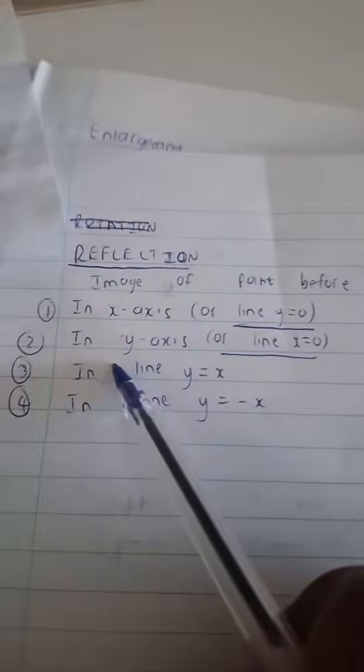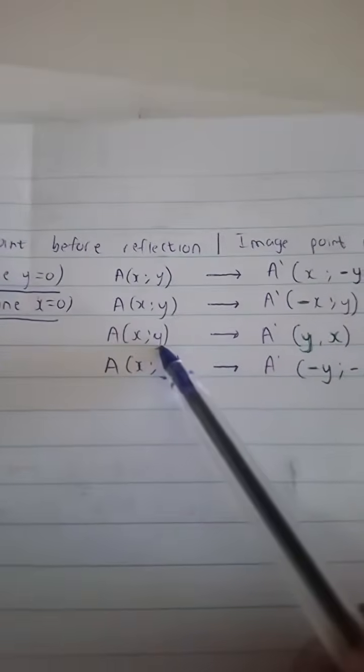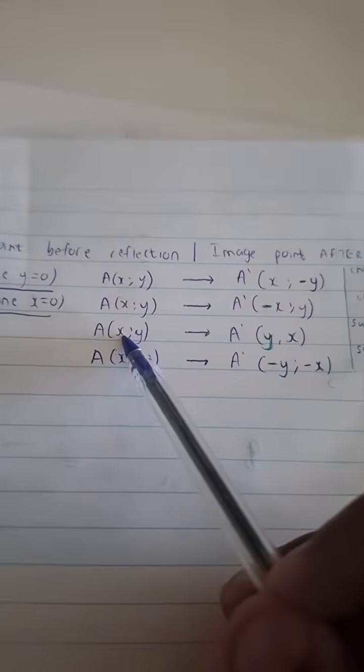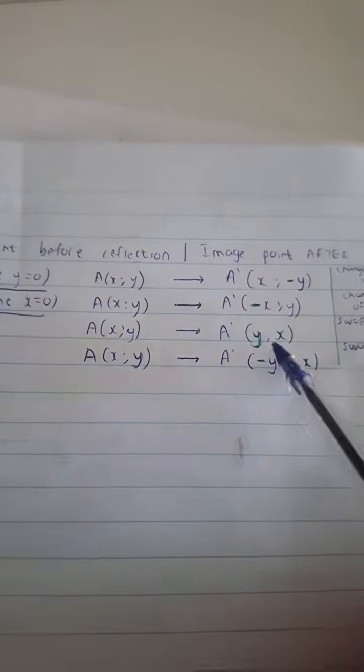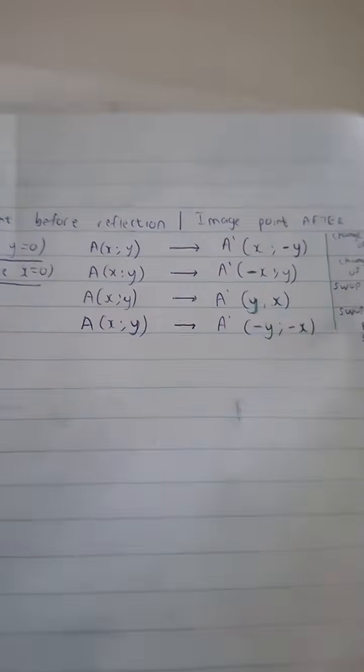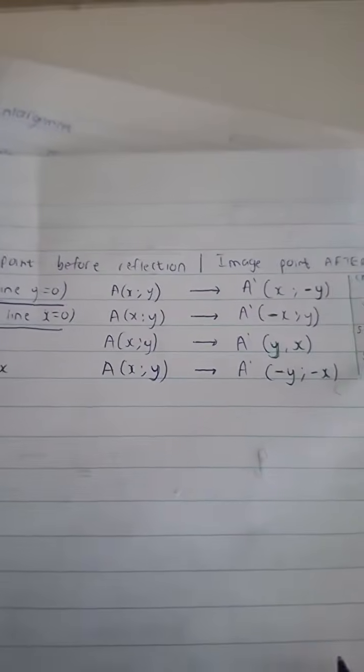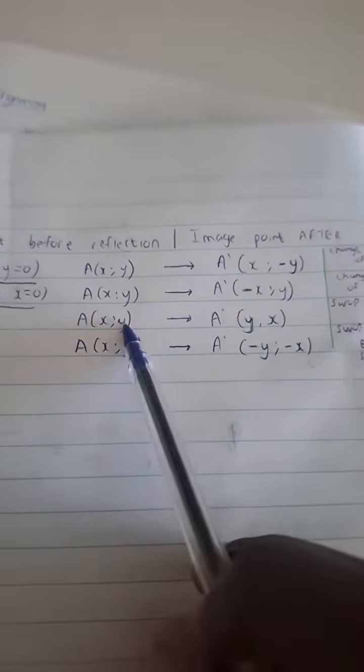Reflection in the line y is equal to x simply means that there is a swap. X becomes y, y becomes x. So we swap x and y.